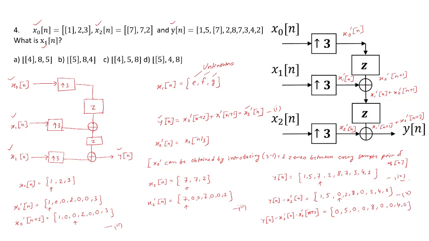So according to the question, this should be x1 dash of n plus 1 with the position of 0 here. This is given as 0 5 0 0 8 0 0 4 0.